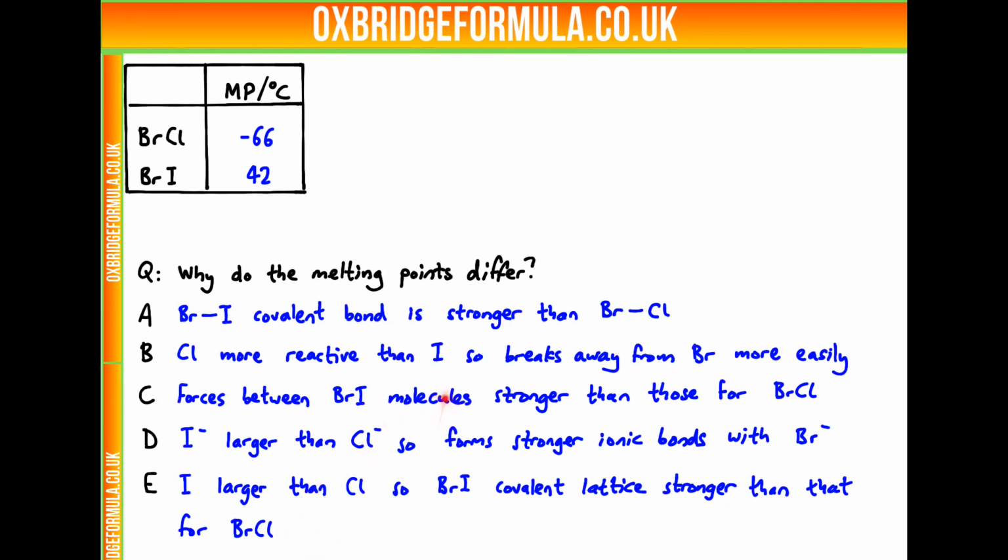So where shall we begin here? Well, we need to think about the process that's actually happening with respect to the BrCl and BrI molecules during this melting process. And so firstly, what does a bromine halide molecule look like? So we know bromine forms a single bond to another bromine to form a Br2 molecule.